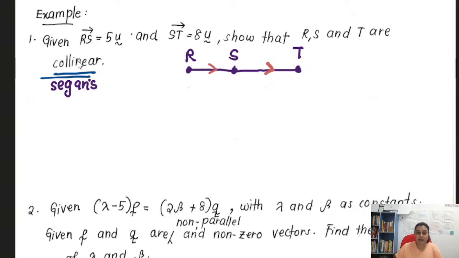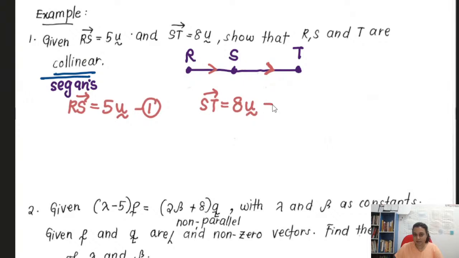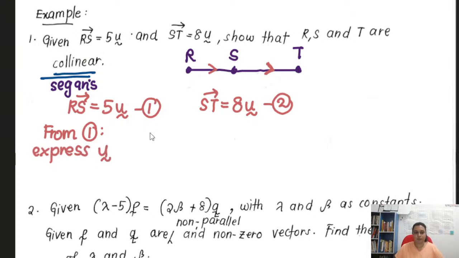So how to start off? You write first the RS as persamaan 1, equation 1. After that, ST you write as persamaan 2, equation 2. What did teacher ask you all to express just now? You must express the vector U. Kita nak ungkapkan the U. So the 5 is going to move to the other side.